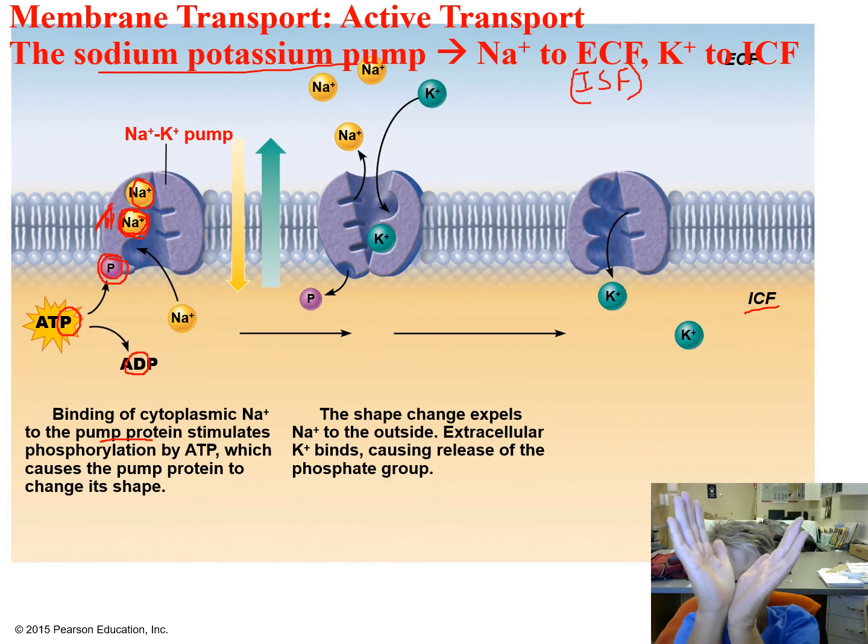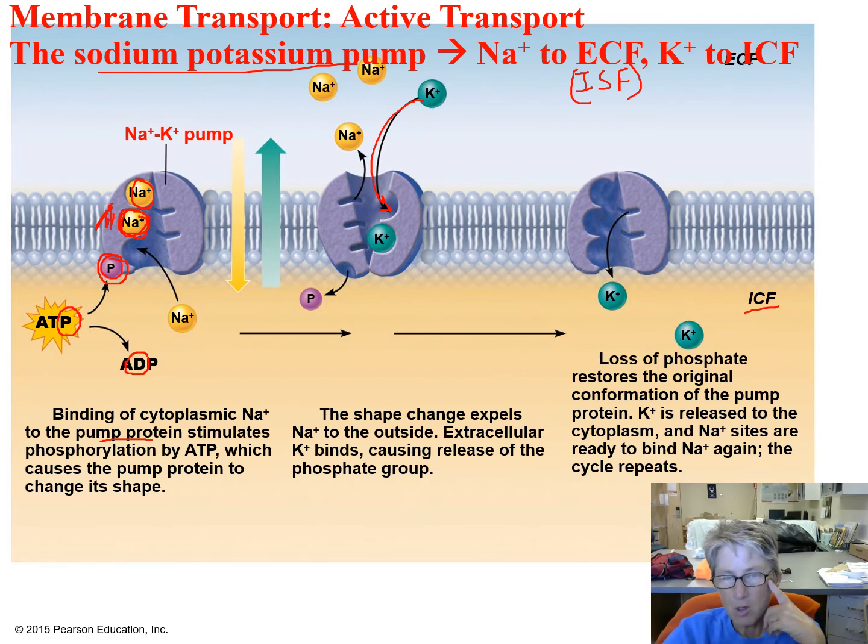And now the V flips and opens to the outside, and the sodiums are released. That allows potassium now to come in to its site. And you may notice that when the pump is working, you get 3 sodiums, Na+, pumped to the outside, and only 2 potassiums pumped to the inside.